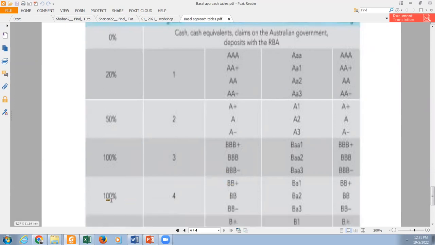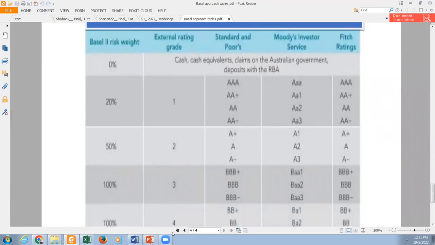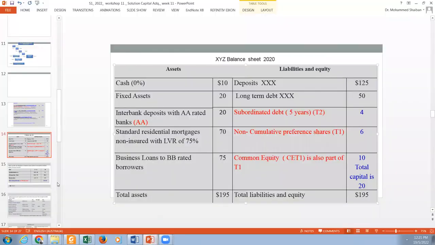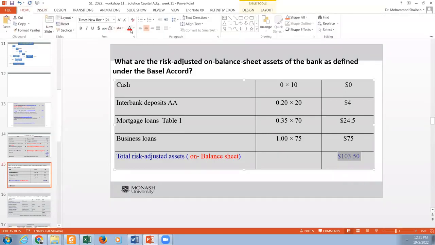So I use a risk weight or conversion of 100%. So I am done. And as you can see, the risk-weighted assets for credit risk on balance sheet is actually this number, 103.5. Now I am done with this.